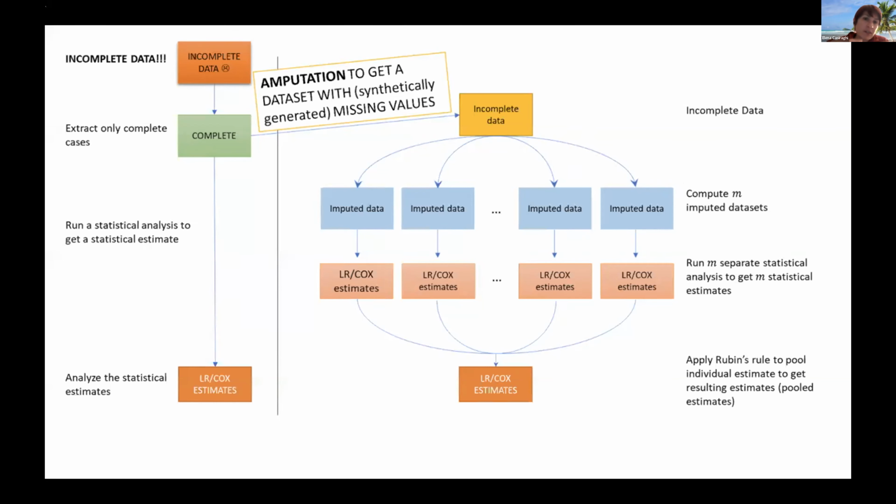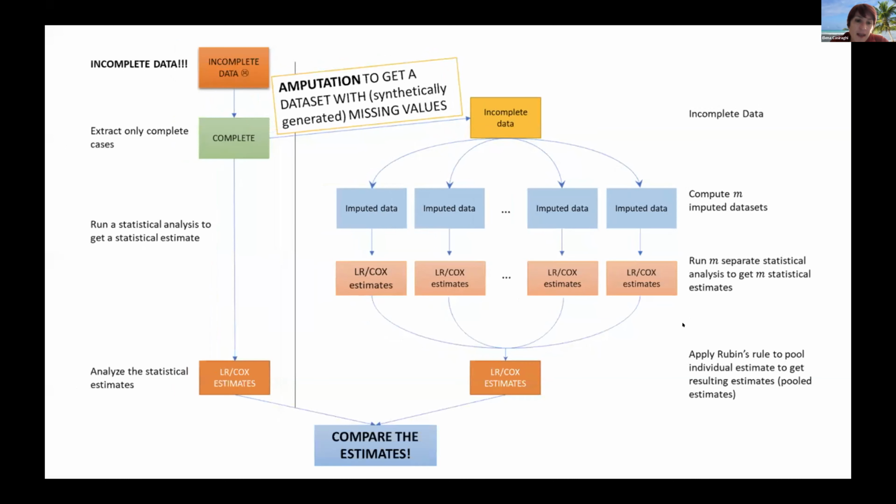So I have a first means of comparison between the imputation algorithm and the estimate I got on the complete data set. So if you go on to the next slide, at the end, what we just need to do is compare these estimates: the estimates on the complete data and the ones I got after applying my imputation algorithm.